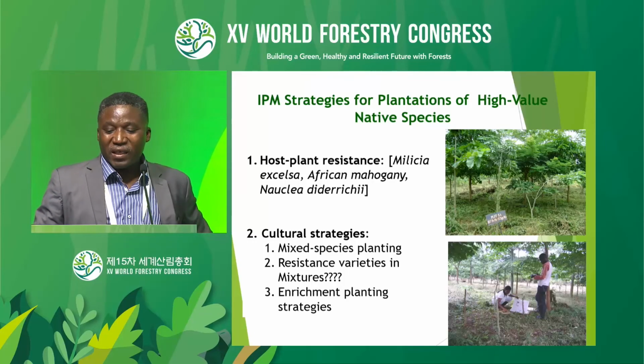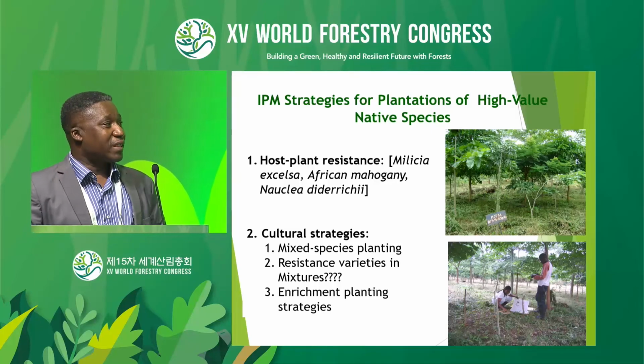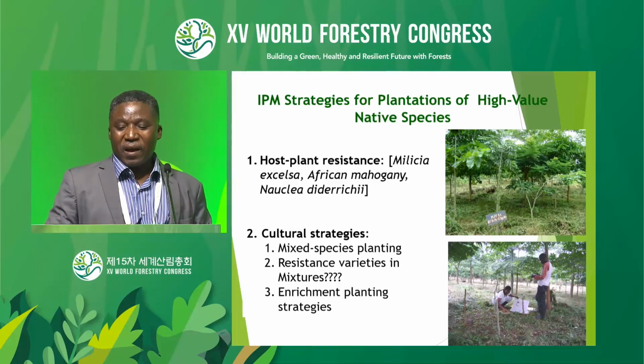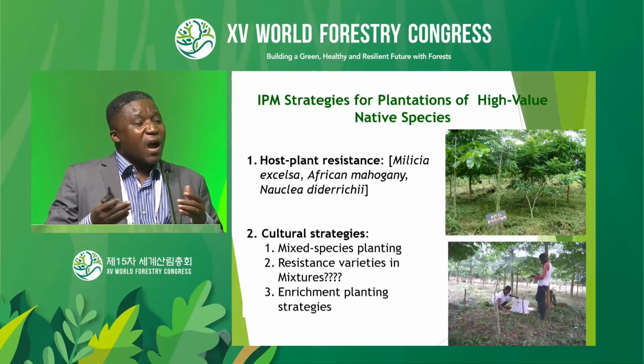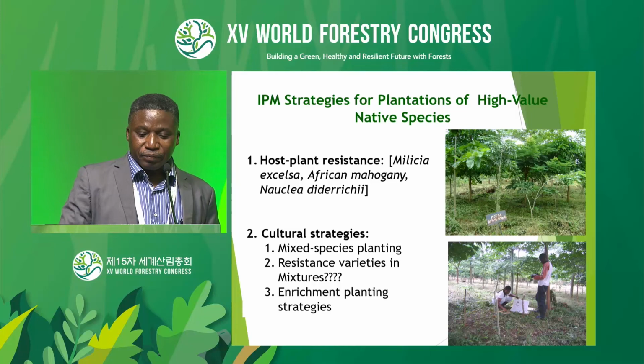So these two pictures will show you some of the mixed species trials that we have conducted. These plots are now very old, very grown, and we have some of these high-value species surviving under them.